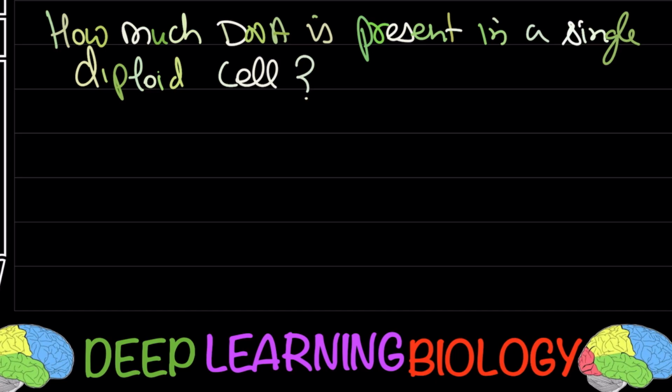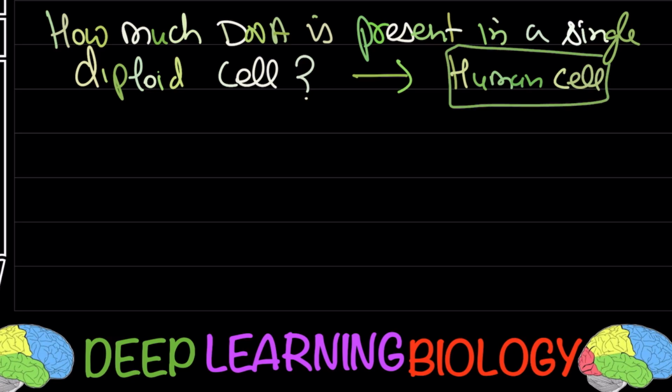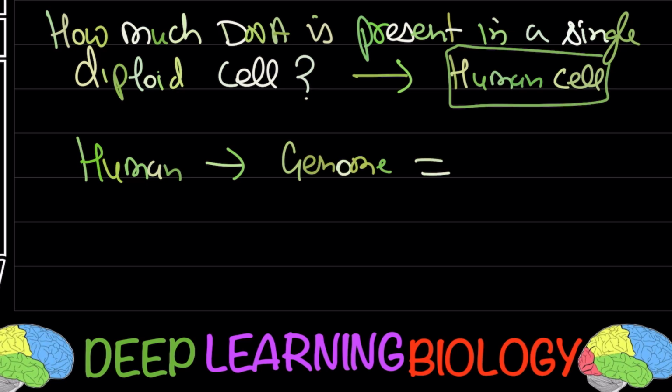Now try to see here. We are talking about a human cell, and a human diploid cell. If you see the genome content, the total DNA content within the human is expressed as 3 into 10 to the power 9 base pairs.